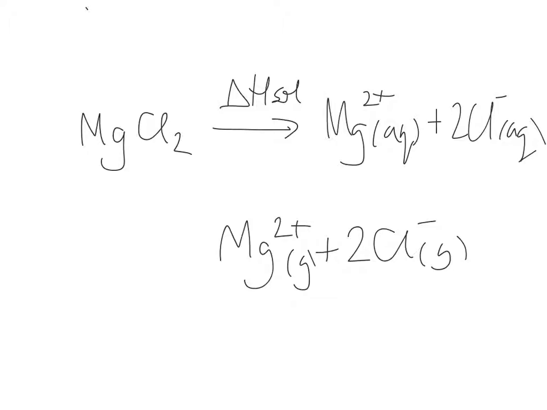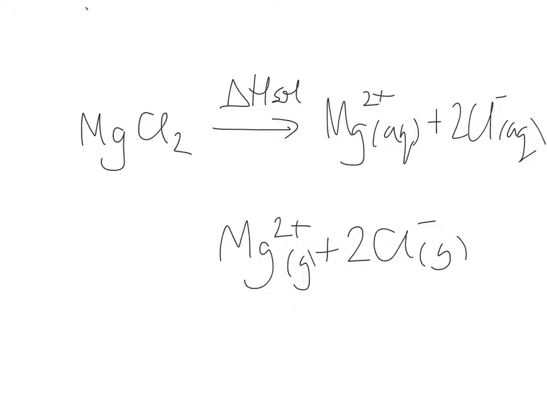The only way that these delta H solution questions get a little bit harder is where perhaps they give you delta H solution and you're asked to work out delta H hydration or the lattice enthalpy, or perhaps there's this example here where you need to watch out when you've got two chlorides.